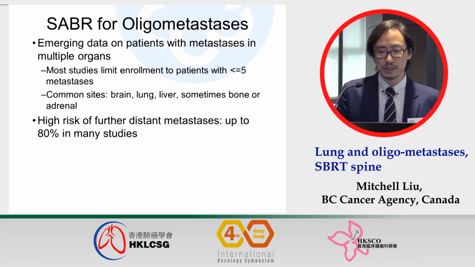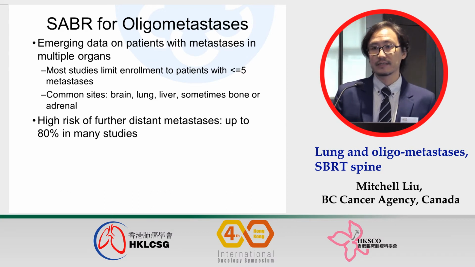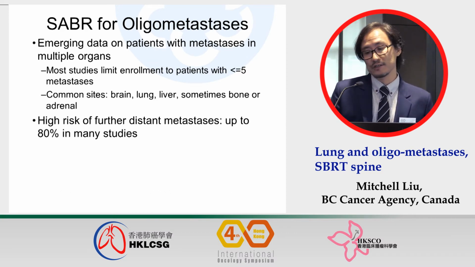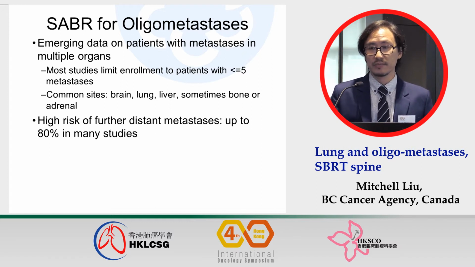Keep in mind, these patients are at high risk of developing distant metastases as well. In some cases, up to 80% of these patients would have further distant metastases. Although if you're optimistic, you can think that perhaps 20% of these patients would not have further metastases, and perhaps these patients could be cured.